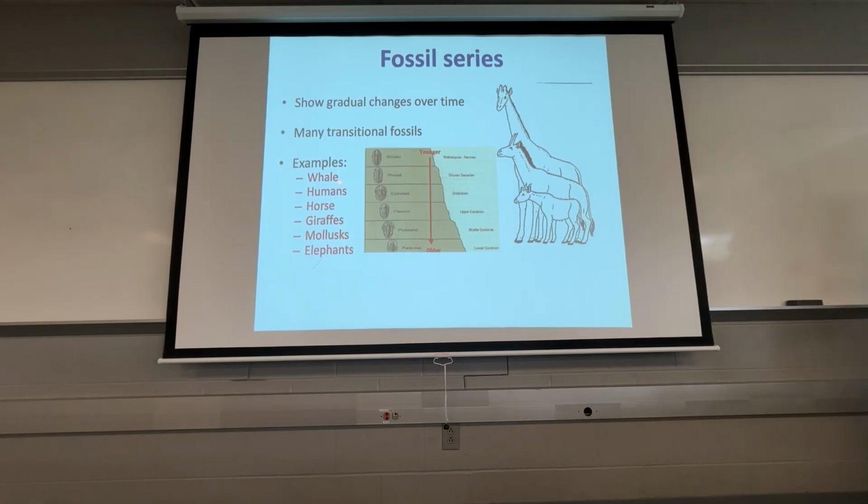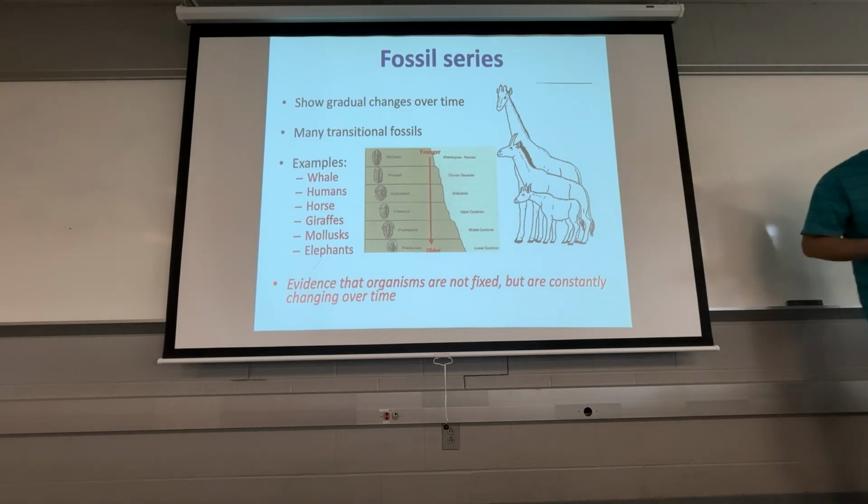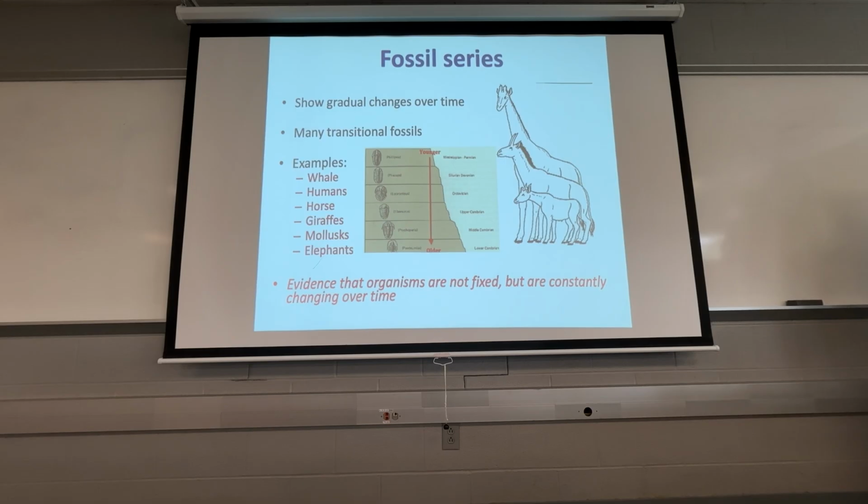Whales, fantastic fossil record. Humans, we have a pretty good fossil record for the hominids. Horses, giraffes, and elephants have great fossil records. And mollusks, because the shell fossilizes really well. All right, shells fossilize really well. So fossils, therefore, are great evidence that animals are not fixed, that they actually change over time.